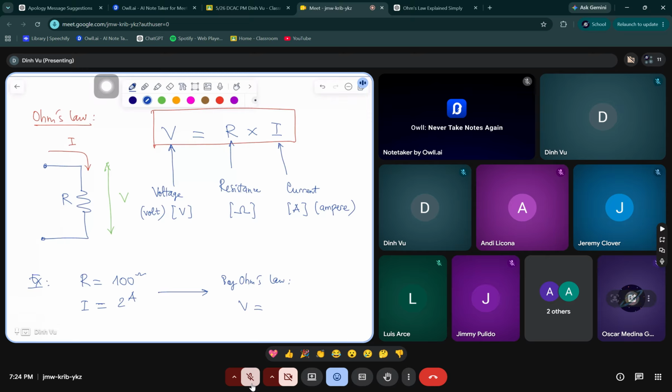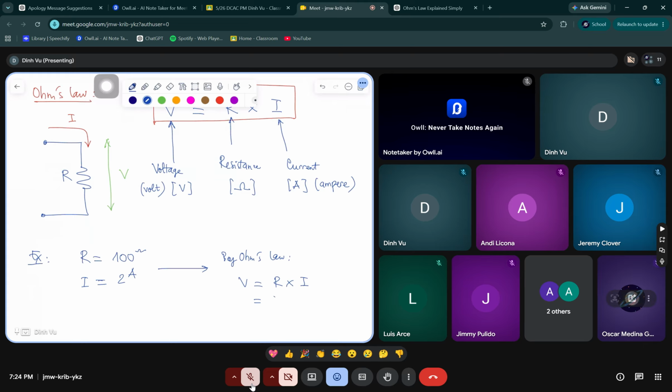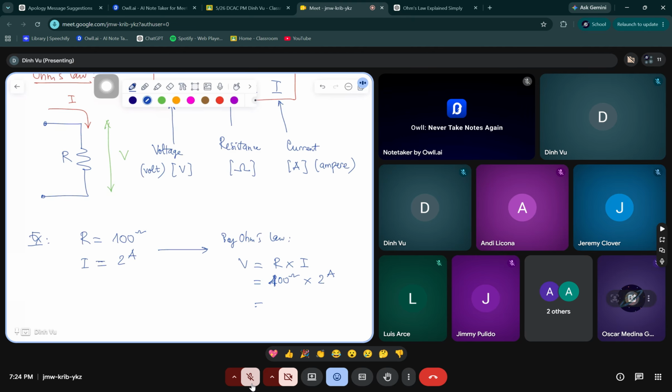Please say the unit. V is R times I. R here is 100 ohms. I here is 2 ampere. So you multiply, you obtain 200 volts.